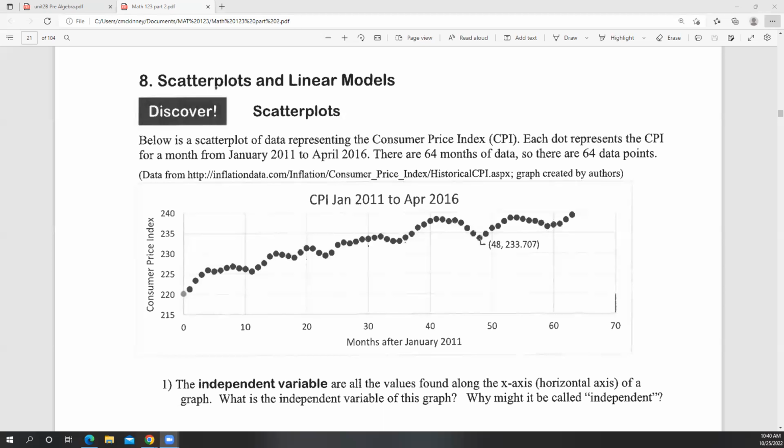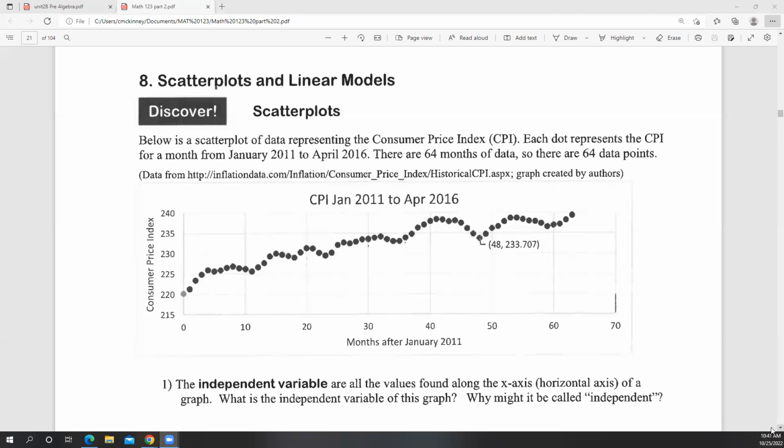And here that independent variable is time measured in the months after January 2011. Very often that's going to be the time. It's independent because time keeps going, right? Time keeps going. It's not depending on something else that's going to march on.